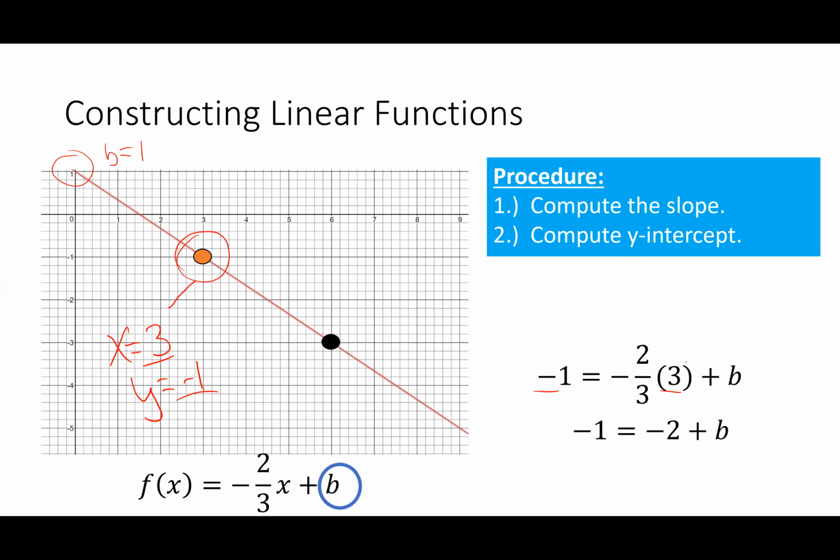So the 3's cancel, and I get -1 is equal to -2 plus b. So now I'm going to go ahead and add 2 to both sides, and I get b is equal to 1, which gives me this final equation here. Now again, if we had looked at the picture, we could have just seen that b was equal to 1 because that was where the y-intercept was. But let's suppose we didn't have that.